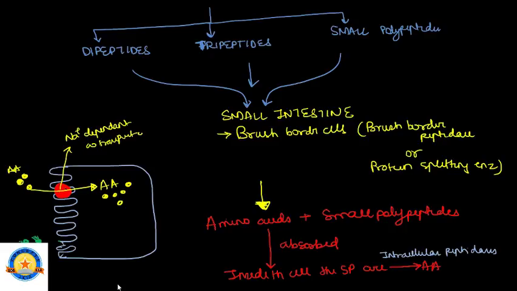This part of the membrane will form a vesicle around it, just imagine like that, and then this part of the membrane disappears, and this ball is taken inside. This is by the process of endocytosis. This is by co-transporter, this is by endocytosis, and this is converted to simpler forms, that is amino acid, by an enzyme called intracellular peptidases.